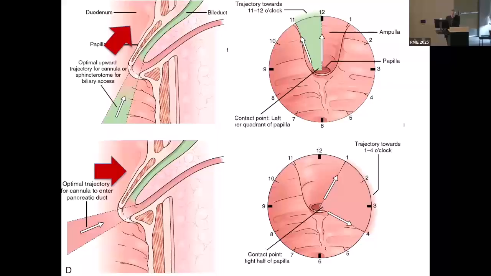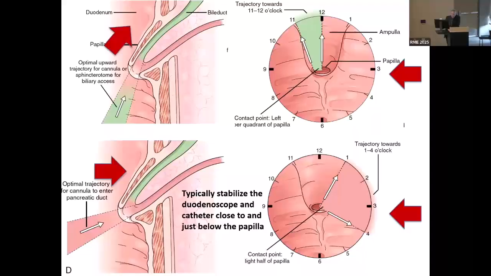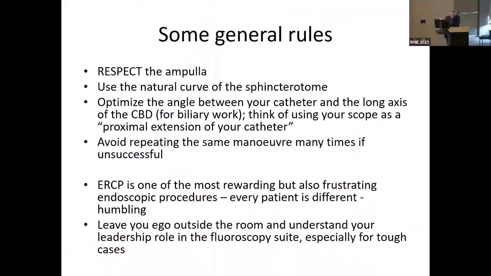These need to be complemented in a three-dimensional structure in your minds, to actually go ahead and aim for the biliary tree at 11 to 12 o'clock, and for the pancreatic duct, as we discussed, anywhere from roughly 1 to 4. And all of this while you're stabilizing your duodenoscope and a catheter that needs to be close, preferably, as you heard yesterday repeatedly, below the papilla, so you can benefit from the natural curvature of the sphincterotome when you're trying to go into the biliary duct.